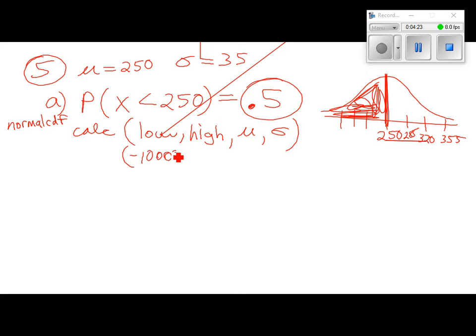Then negative 10,000 won't work because we're dealing with bigger numbers. What's our high limit? Our mean? Standard deviation? You get 0.5? The calculator says something like that with a 5 at the very end. Not sure why.